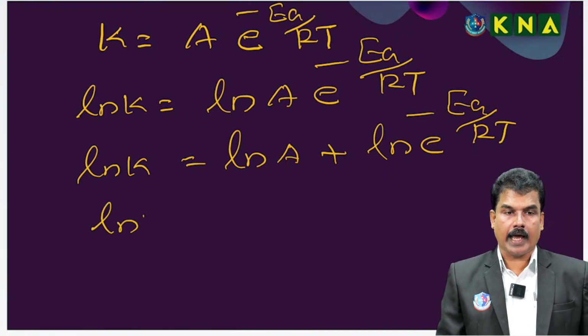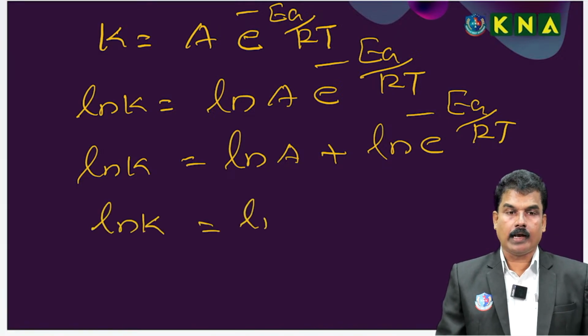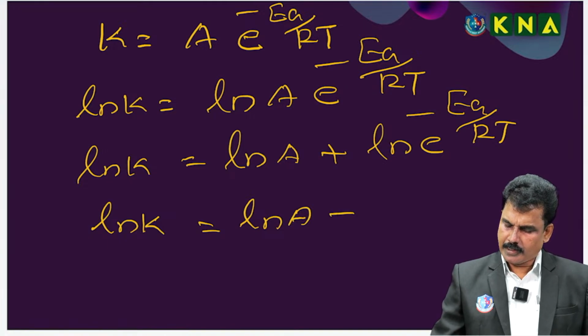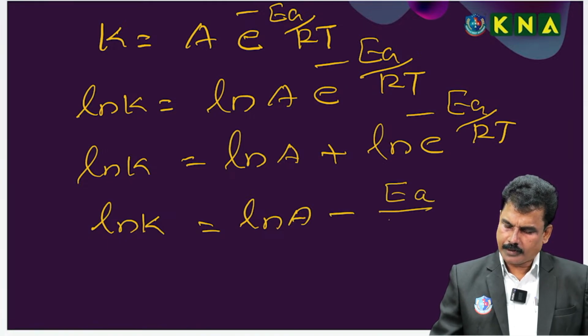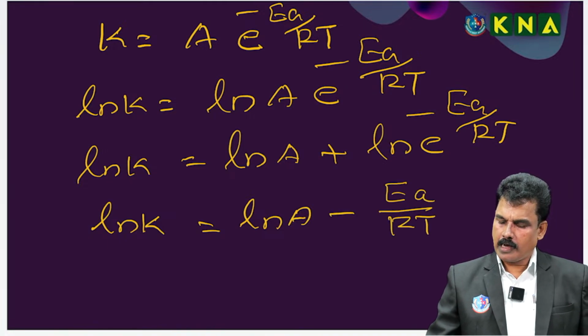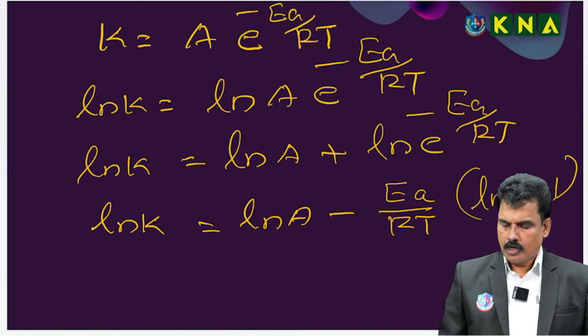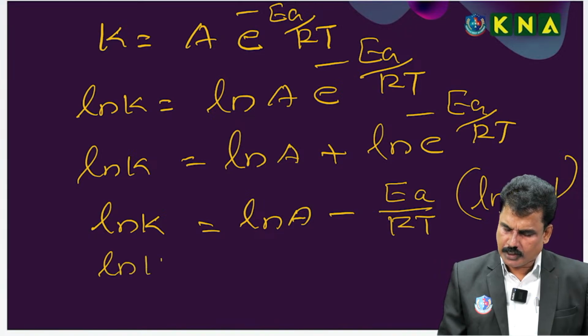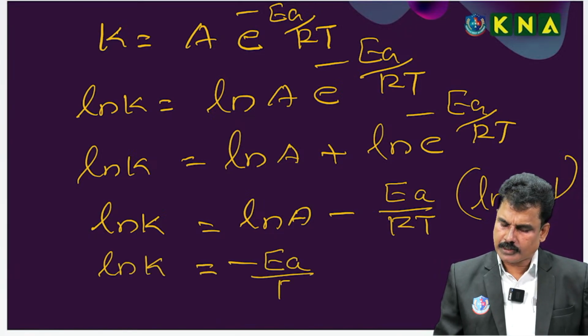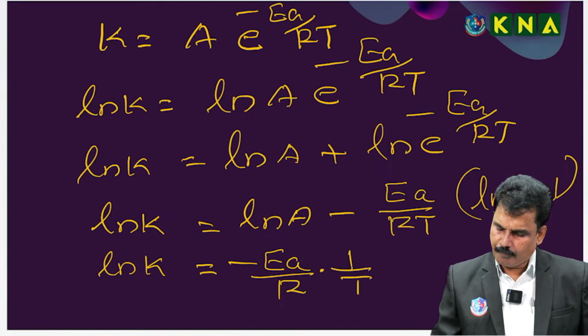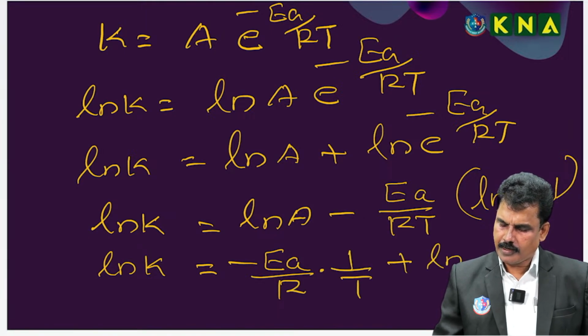That is ln K is equal to ln A minus Ea by RT. What is ln e? ln e is equal to 1. So now we can correlate this equation. ln K is equal to minus Ea by R, which is a constant, into 1 by T plus ln A.